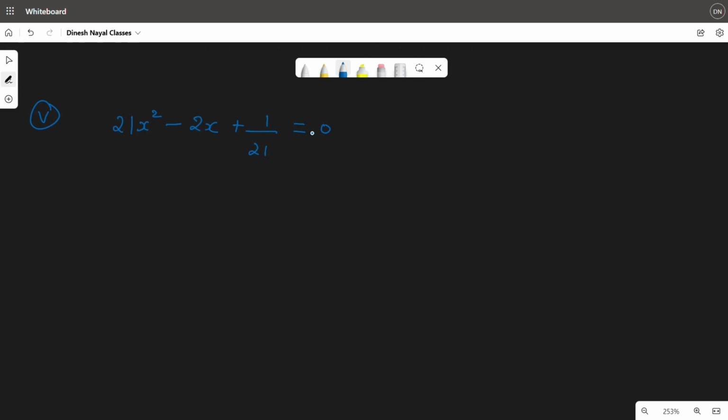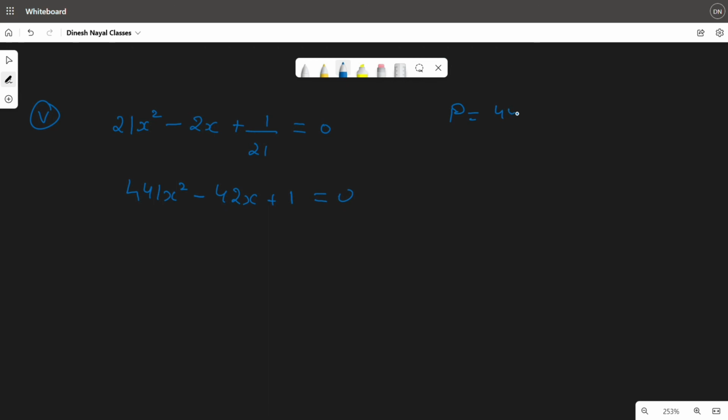See, on multiplying both sides by 21, 21 times 21 is actually 441. So this will be 441x square minus 21 into 2 is minus 42x, and 21 will cancel, you get 1. So 441x square minus 42x plus 1.